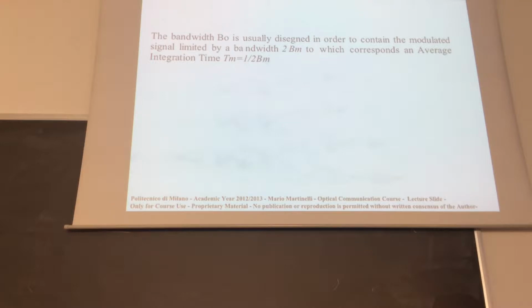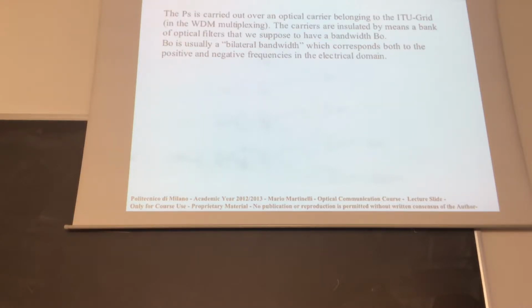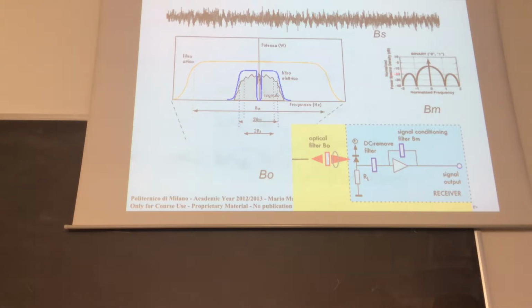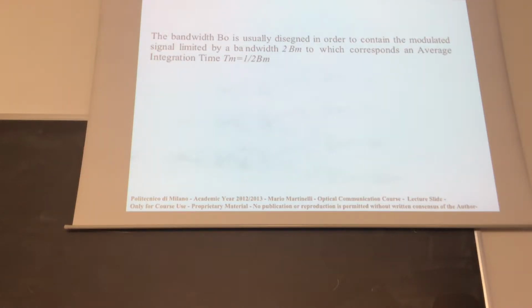This could be 1, 2, pi over 2, depending on the filter and how many harmonics you consider, because typically the filter looks like this, so it depends if you stop at the first harmonic, or 2, 3, 4. But we assume this to simplify the situation.